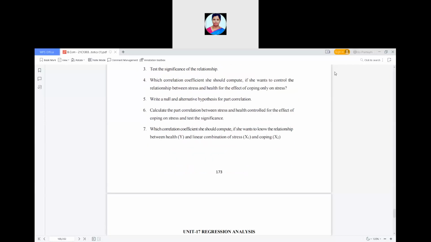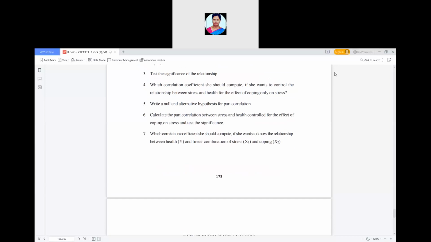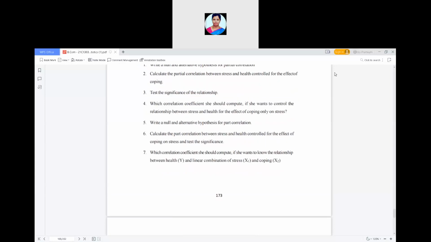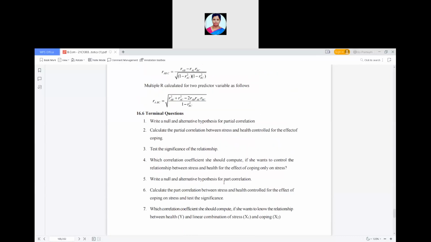These are the terminal questions under this unit. So practice these questions. This is the partial and multiple correlation we have.